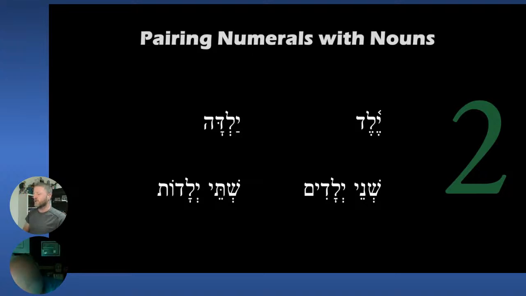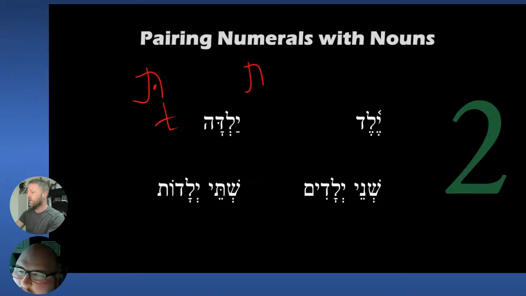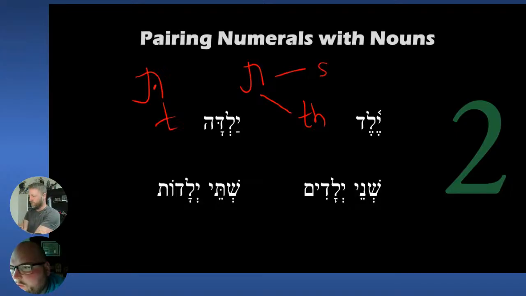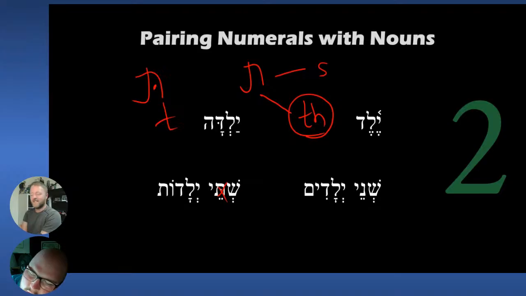Why is there a dagesh in the tav in the word shtei? In the past, tav had two sounds. With dagesh, it was a T. And without dagesh, if you were Yemenite, it could be something like a th, and if you're Ashkenazi Jew, it was an s. So if there were no dagesh in that tav, then we would have shetha if it's Yemenite, shethay yeladim, or with an Ashkenazi pronunciation, shesay yeladim.